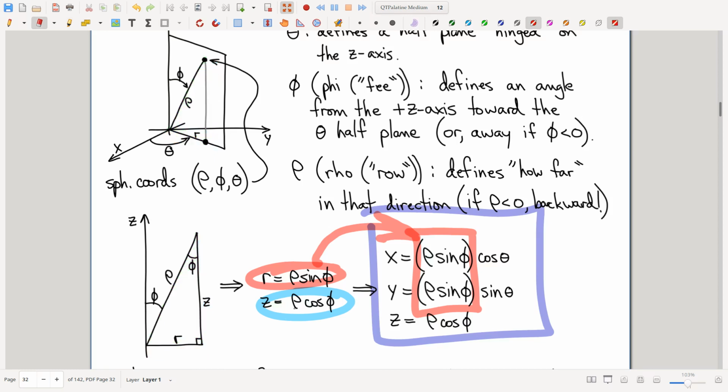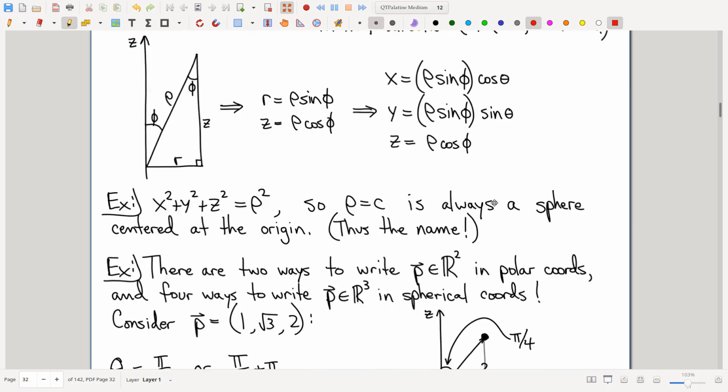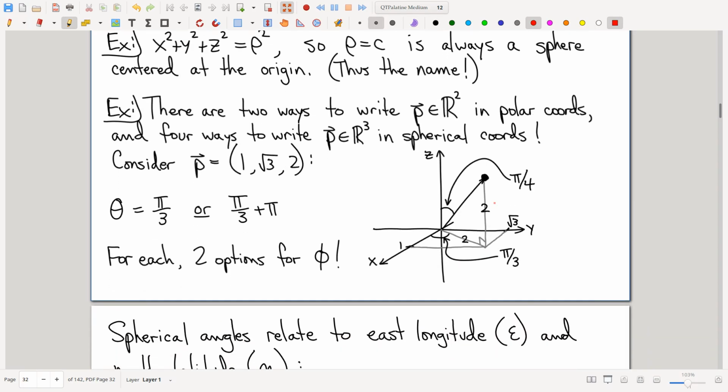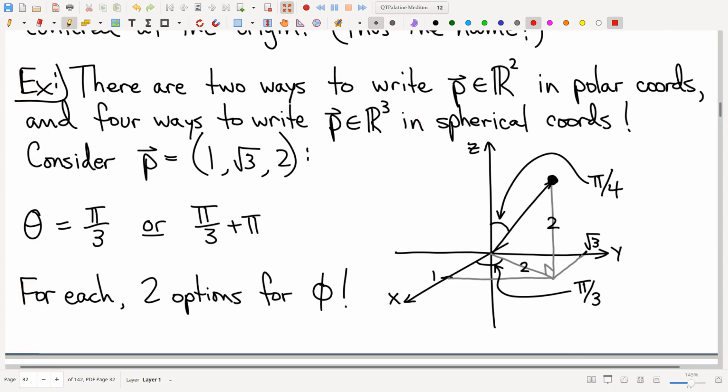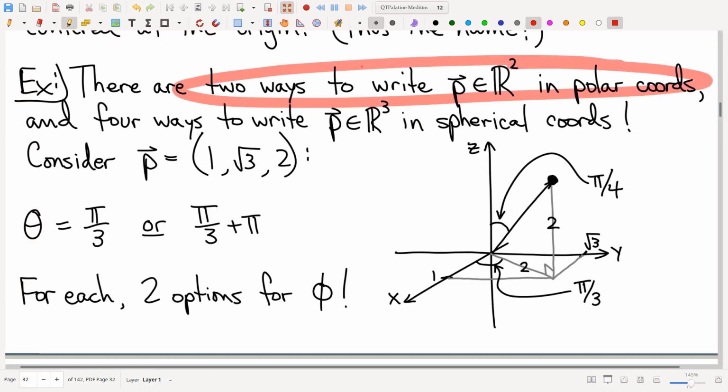So let's see here. A little exercise, thinking about spherical coordinates. Let's just go right to the good one. Remember how there were kind of two different ways to write a point in polar coordinates, because theta, you can either have the correct theta or the exactly wrong theta? Those are your two different angle options.